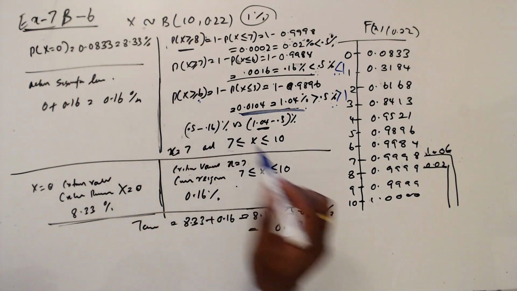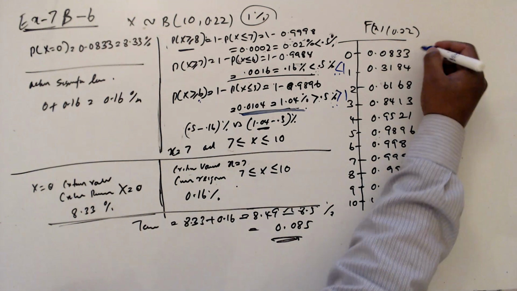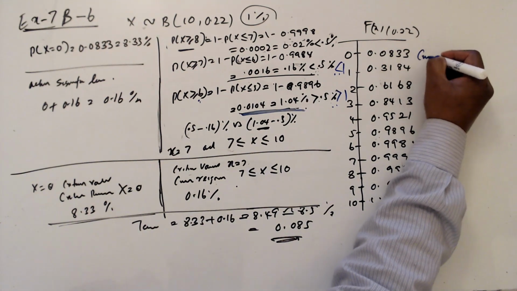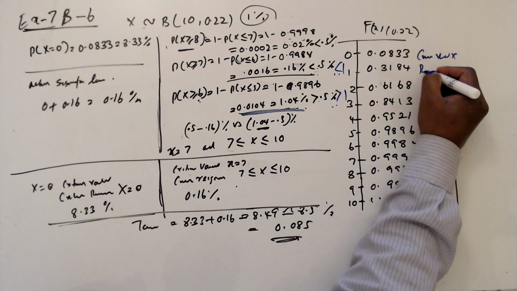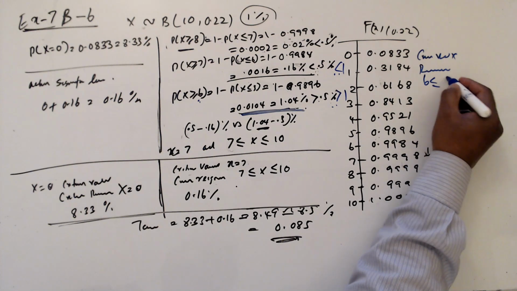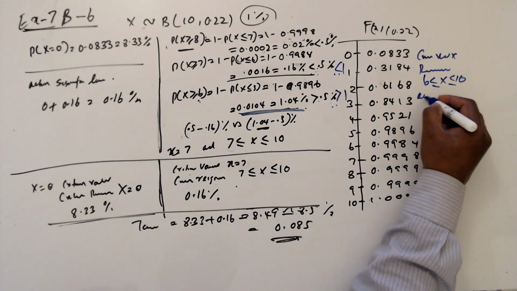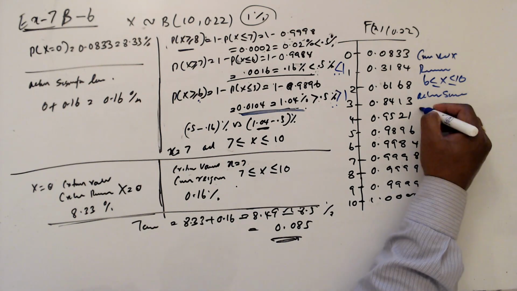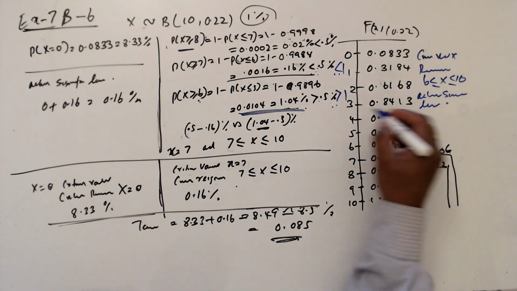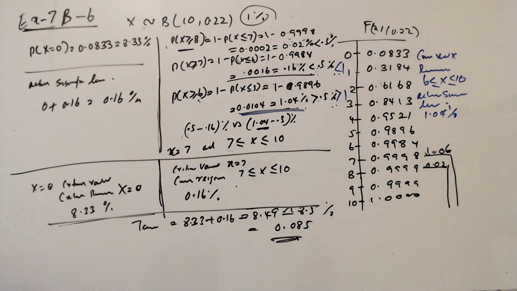The critical value is 6, and the region is x greater than or equal to 6, and the actual significance level is going to be 1.04. So that is better.